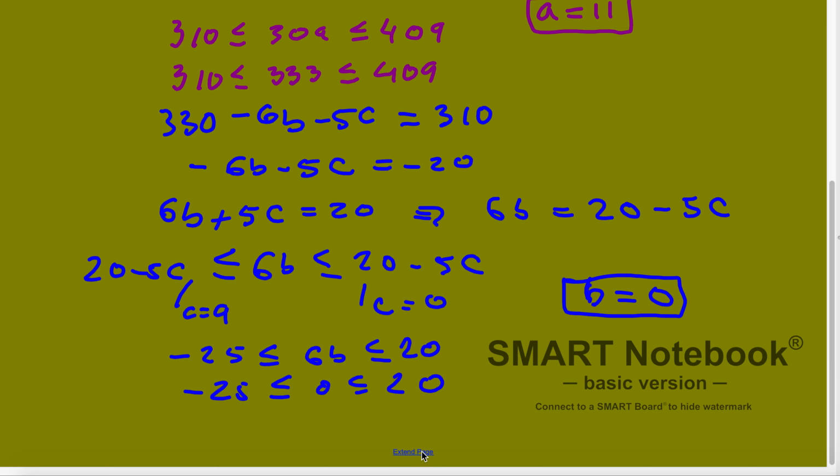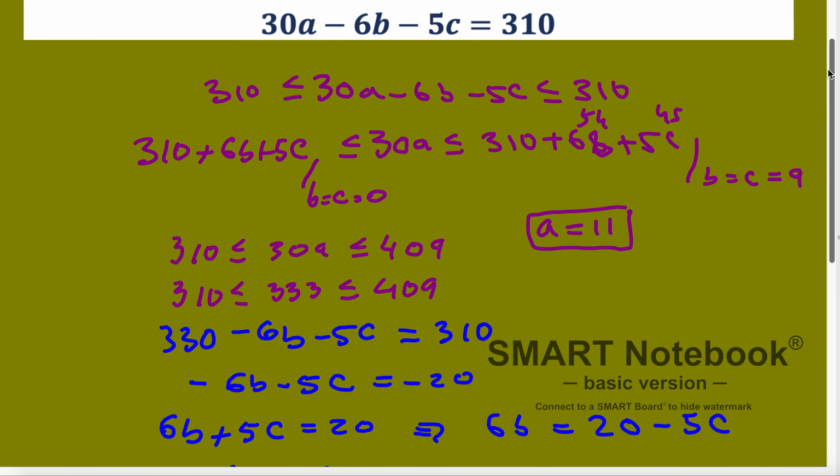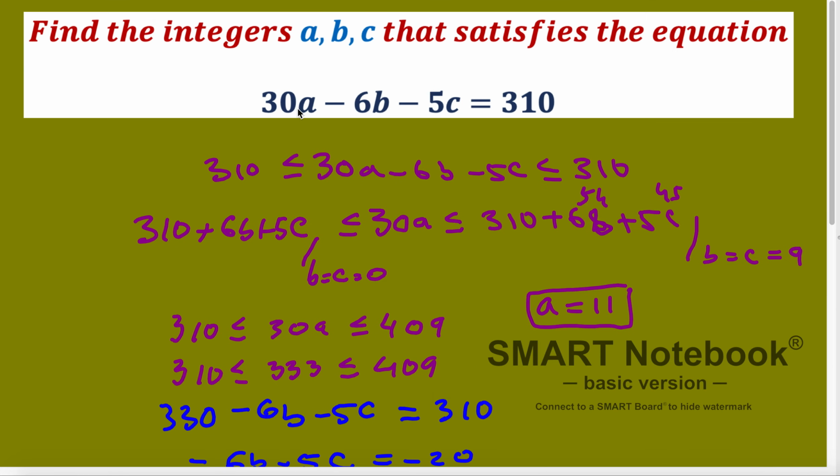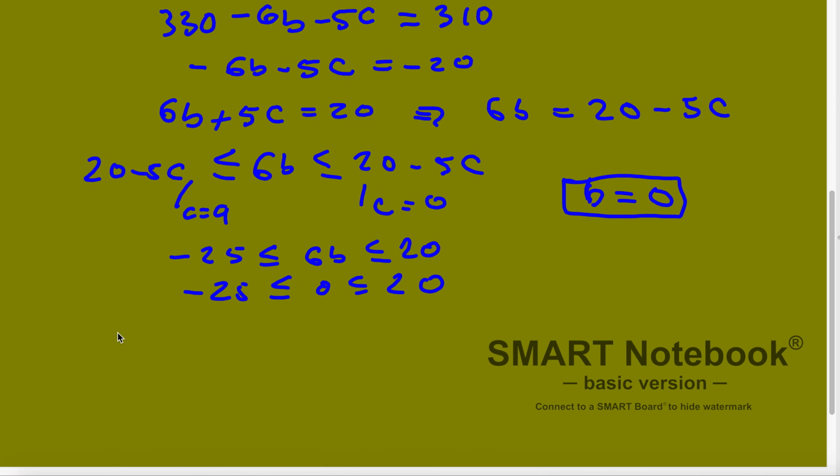And now I am going to plug in the value of a, which is 11, and instead of b I'm going to plug in 0, into the main equation. What we had was 30a, which is 330, and minus 6 times b, minus 6 times 0, is 0.